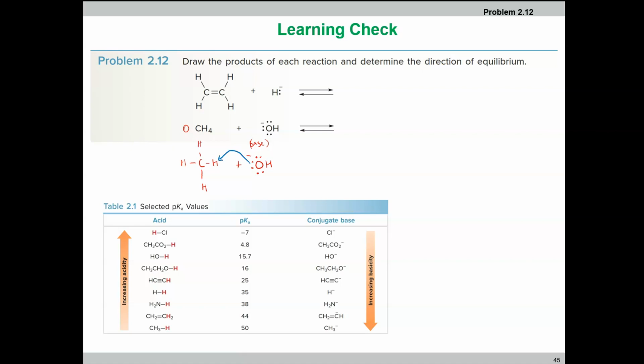So I'm going to draw that out, and then I'm going to break the bond between the adjacent hydrogen and carbon. Here we're going to create that new compound, and I'll draw the equilibrium arrows. We're also going to have H attached to the oxygen, and we're going to have that water compound now.